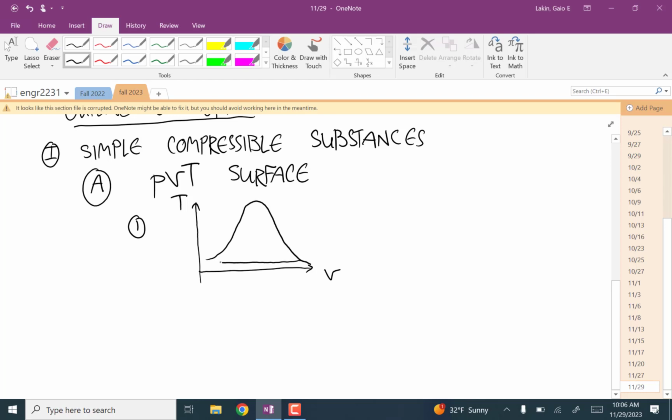You have a similar thing if you have a pressure versus volume curve. You have a similar thing in a temperature entropy diagram. So we get slightly different looks to this vapor dome, but over here is compressed liquid. Over here is saturated liquid. In the middle is a mix.